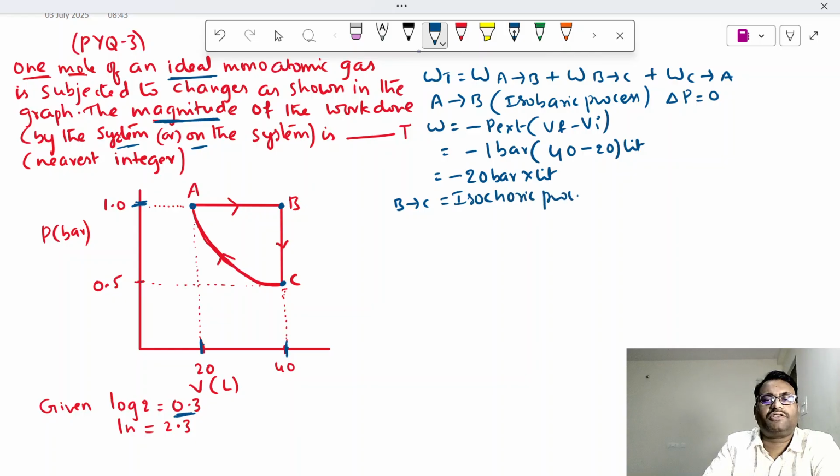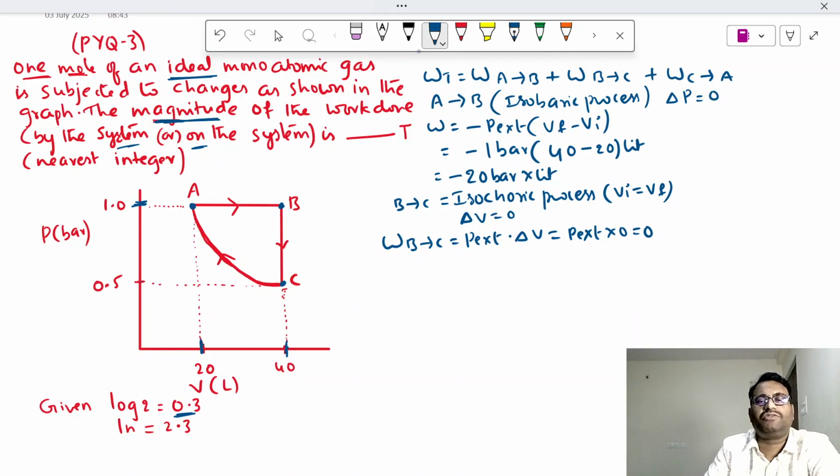In an isochoric process, V initial is equal to V final, where delta V is equal to 0. So work done B to C is P external into delta V, that is equal to P external into 0, that is equal to 0. So work done in the process B to C is equal to 0.